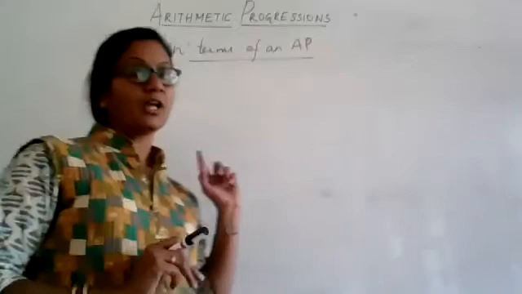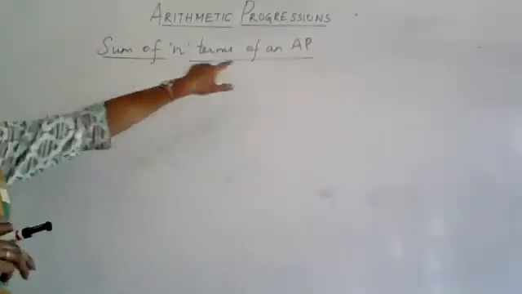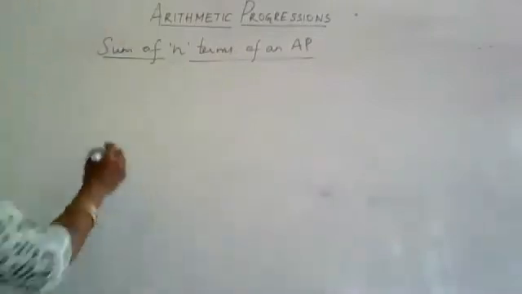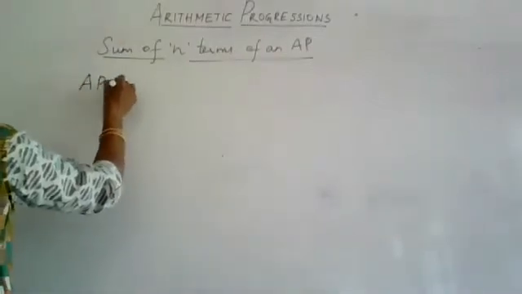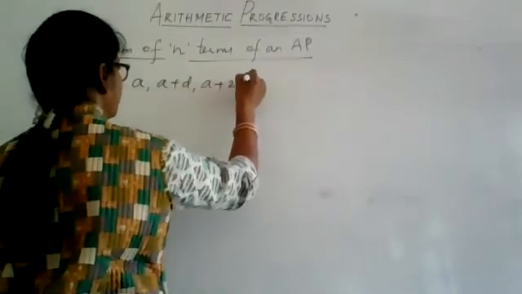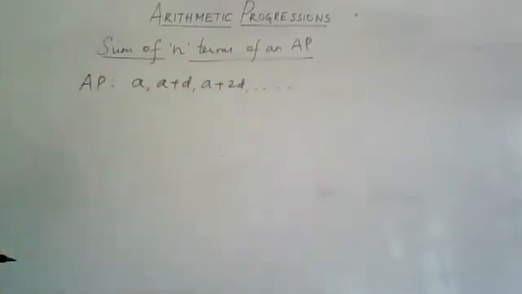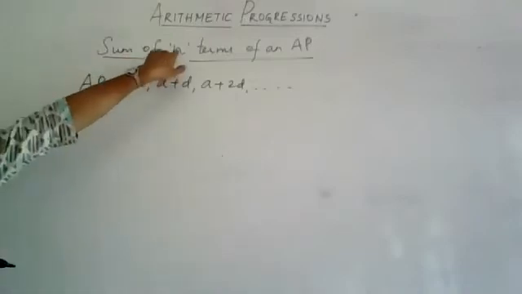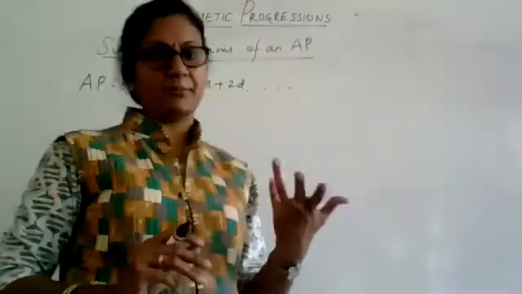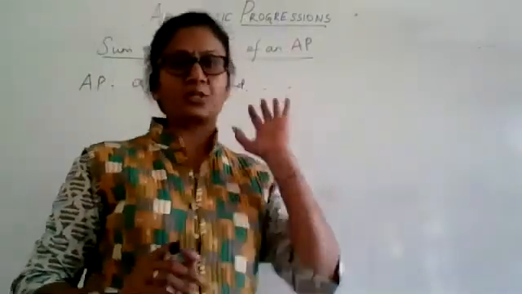Now moving on, the last part of the chapter is the sum of n terms of an AP. Suppose your AP was like this: a, a plus d, a plus 2d, etc. Now for the sum of n terms we fix n, because if it is an infinite AP, then there is no point in finding the sum, as there is no end to the AP.